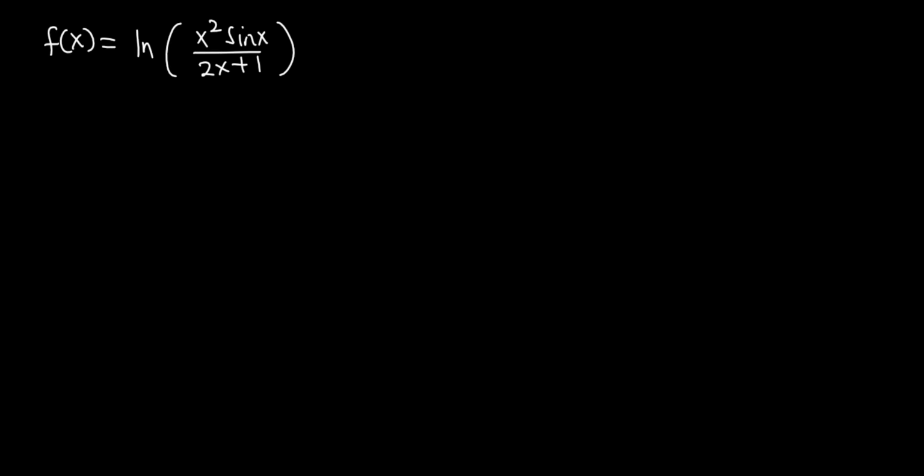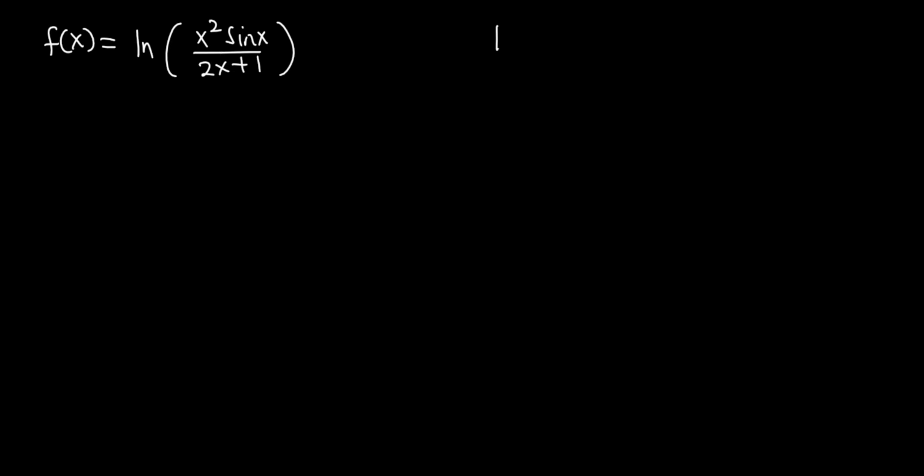This is what we have now. I have to find the derivative of this function here. When you look at this function, you see that computing the derivative straightforwardly will be a little difficult. So what you are going to do is apply the properties of logarithms here. Let's look at that.